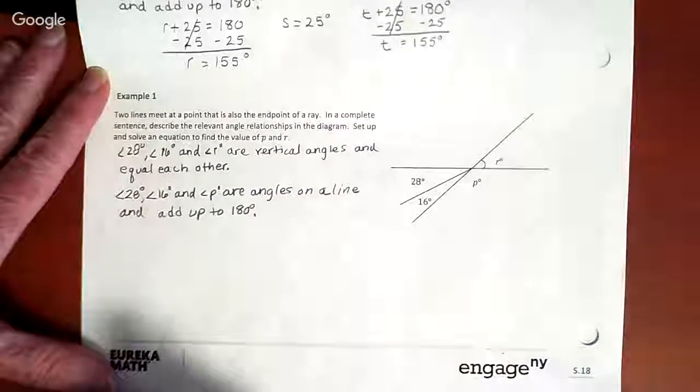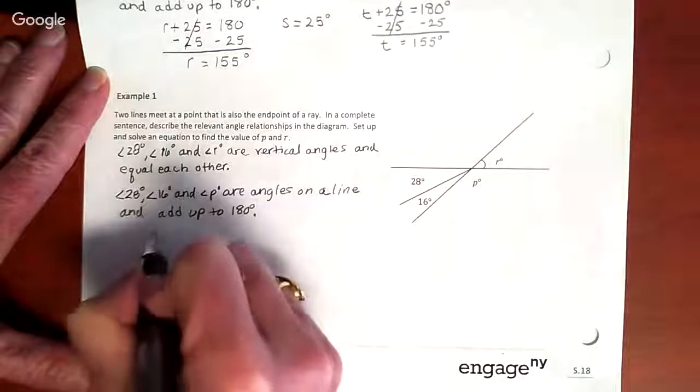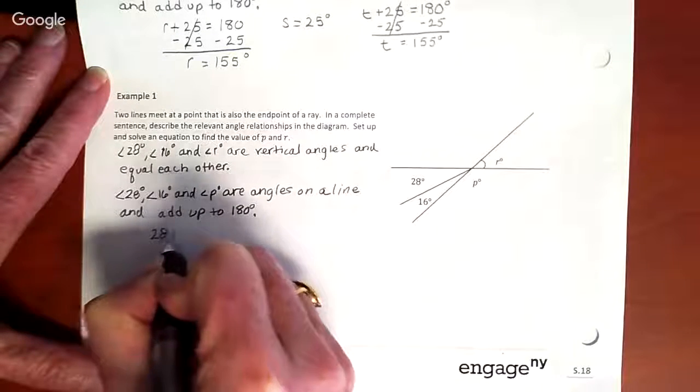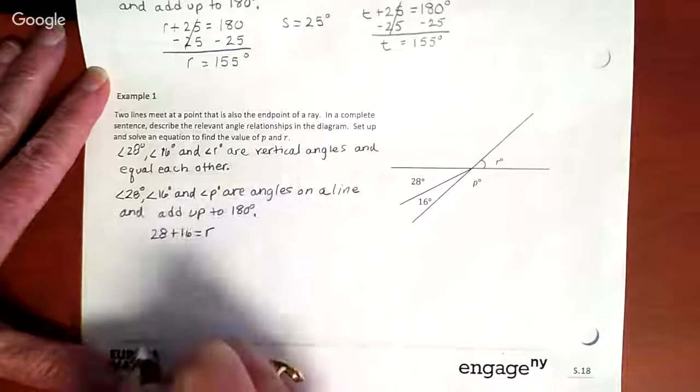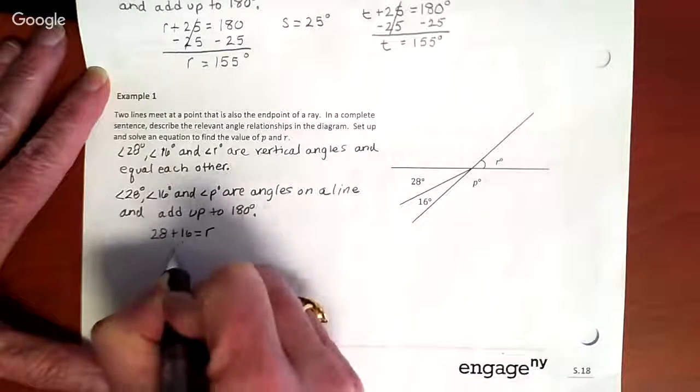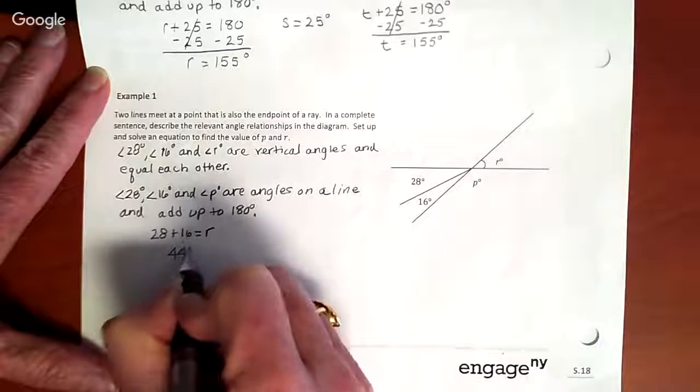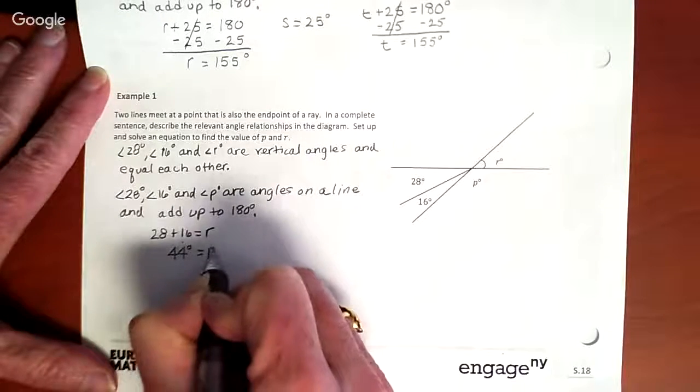So to set both of these up, we have 28 plus 16 equals R. Adding these two together, we get 44 degrees equals R.